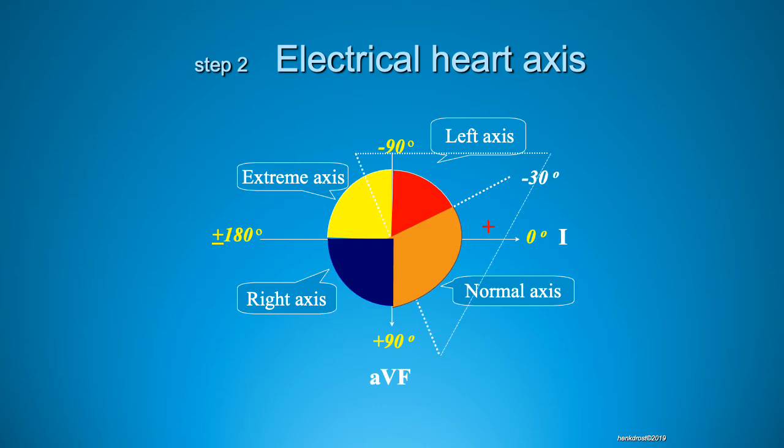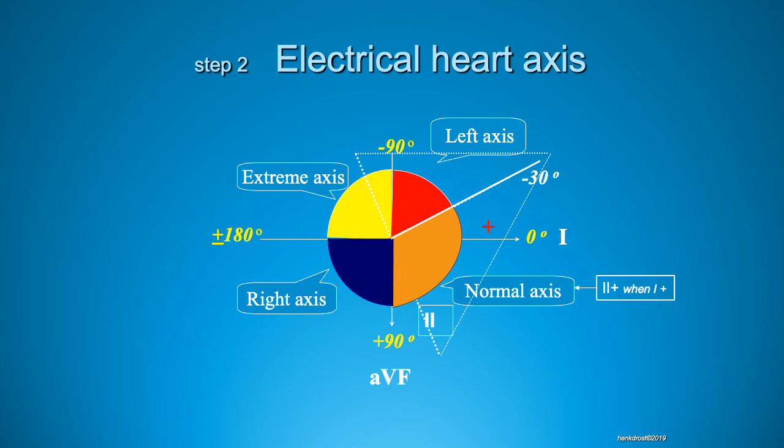This is a simple way, but also lead 2 can be helpful in determining the axis. When we project the Eindhoven triangle, then the perpendicular on lead 2 is exactly minus 30 degrees, so the border of normal.